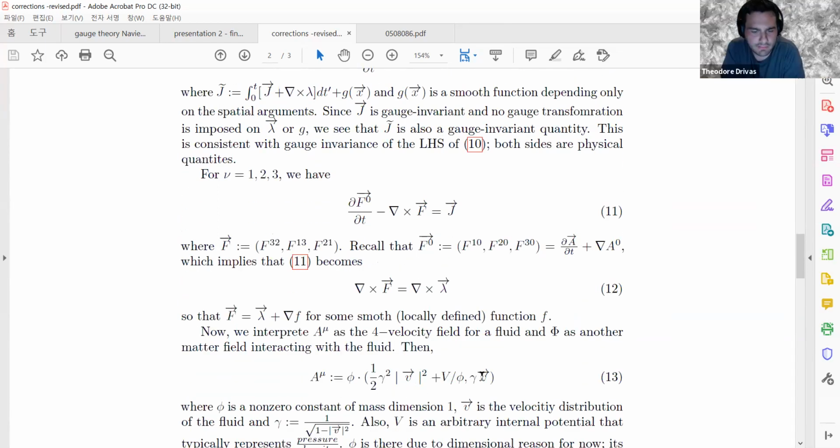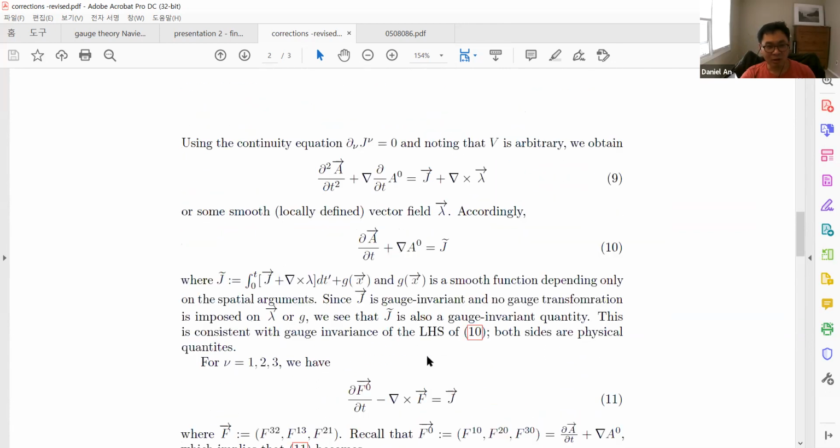Well, but in the non-relativistic case, the A vector is just linear in V. Gamma goes to 1. Oh, I see. So equation 10 has the nonlinear part. But J is 0, right? J is just external forces, I think, is the claim.